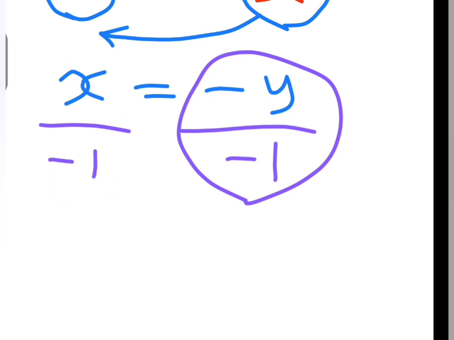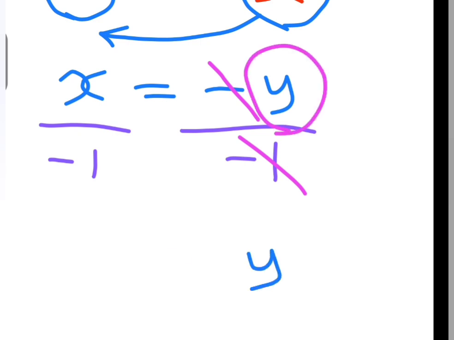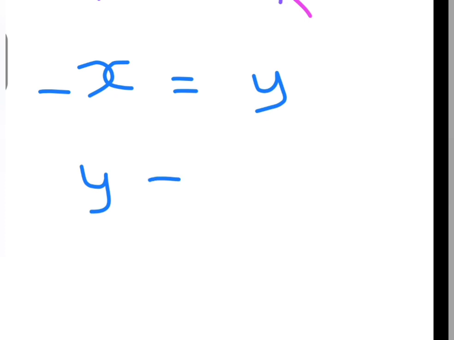Now, after dividing by negative 1, we simplify numbers together. So negative 1 goes with negative 1. We end up with y. So we write y here equals, and then x divided by negative 1 is negative x. Good job. So y equals negative x. We can write it both ways. It can be the same.